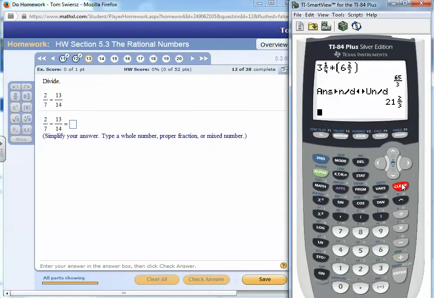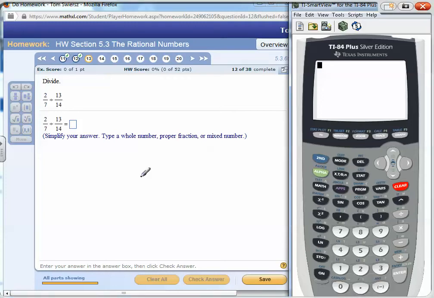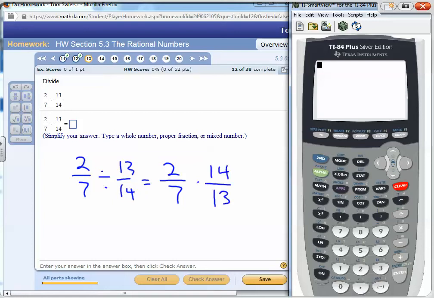All right. When you're dividing fractions, you have to multiply by the reciprocal. So if you're doing this with paper and pencil, 2/7 divided by 13/14 is: keep the first one the same, change division to multiplication, and flip 14 over 13.